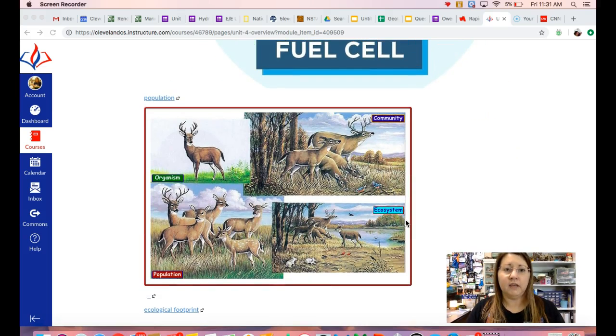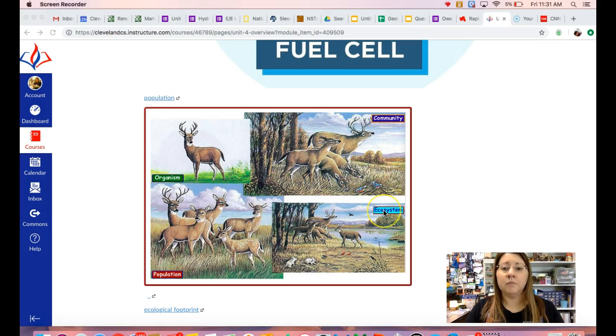Population is looking at the amount of a particular species in an area. So from the lowest level, we have one organism, and then a bunch of the same type of species in an area is going to be the population. So all the deer in Cleveland County, for example. A community is looking at all the different types of living things in the area. So we have deer, we have trees, we've got grass, there's some birds.